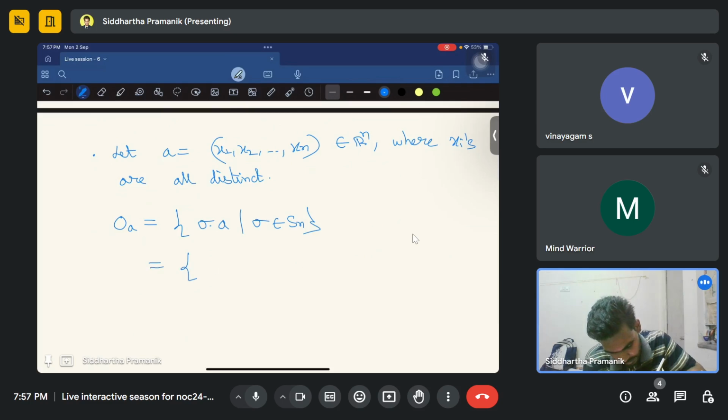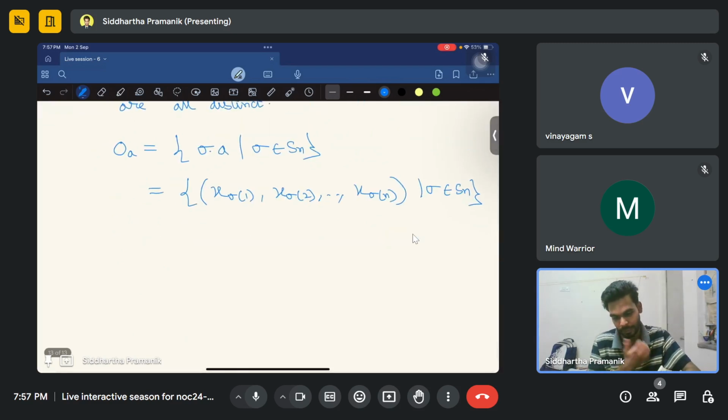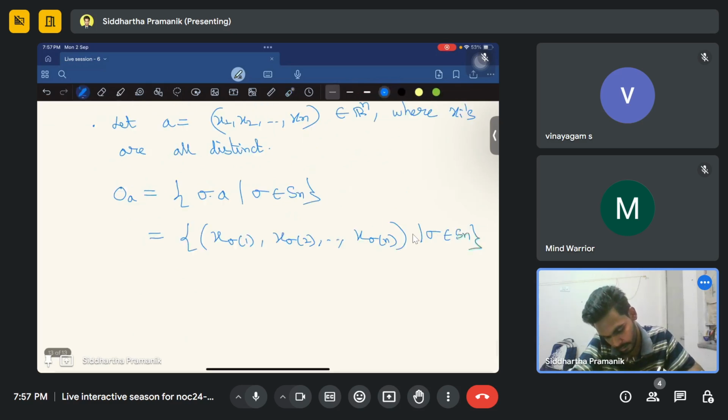So this is x of sigma 1, x of sigma 2, up to x of sigma n, such that sigma belongs to Sn. So let's try to see how many elements are there in this orbit.